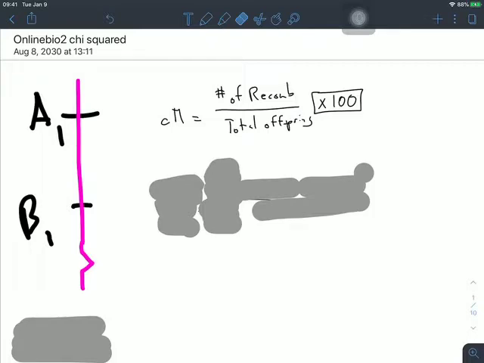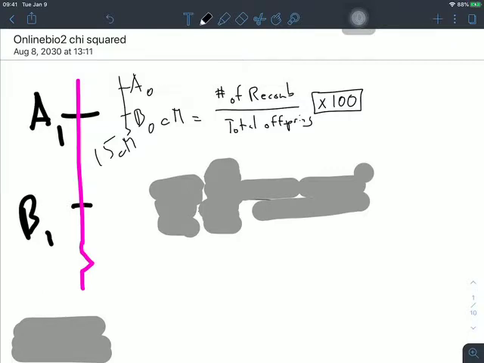So if A and B were 15 centimorgans apart on this chromosome right here, we would expect that 85% of the sperm made from an individual that was heterozygous, having A0 and B0 on their other chromosome, all connected, that you would get recombination 15% of the time.